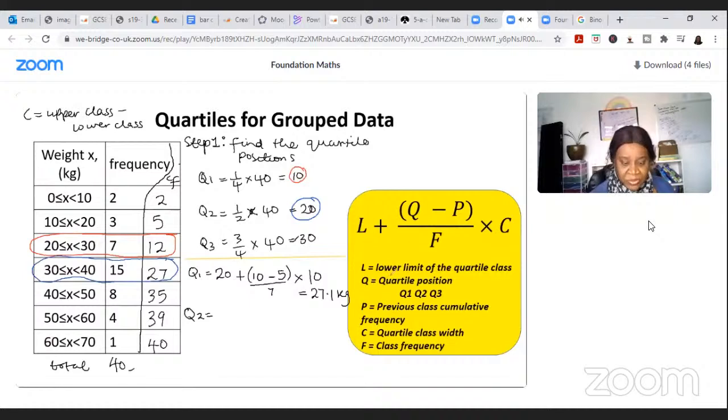So Q2 would be L, which is 30, plus Q, the quartile position, which is 20, minus P, the previous class cumulative frequency, which is 12, over F, the class frequency, which is 15, times 10. Put those into your calculator and we'll get the answer.